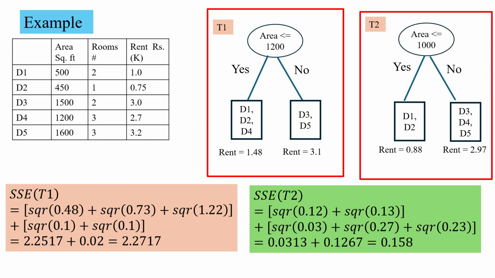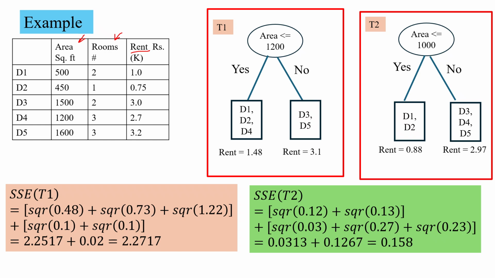We have just 5 tuples. This is a continuous valued attribute. This is a discrete attribute, and your target is in 1000 rupees, rupees K. So rent is your target. Now we are just comparing two trees on the basis of the splitting value of area.